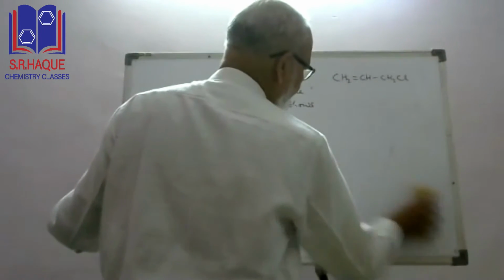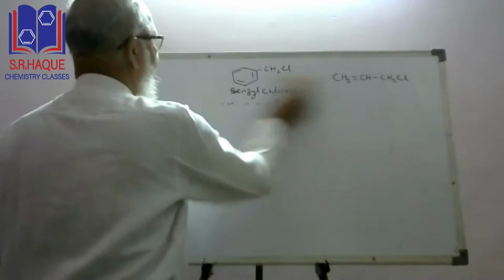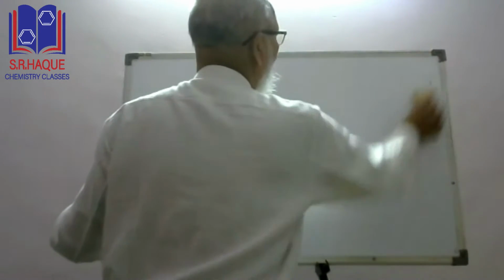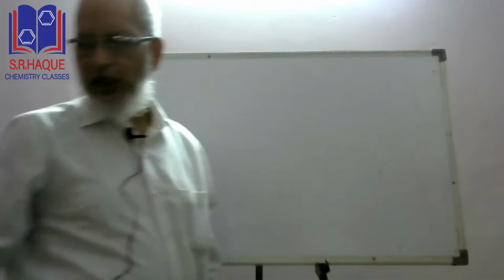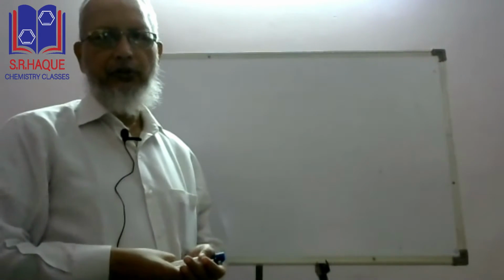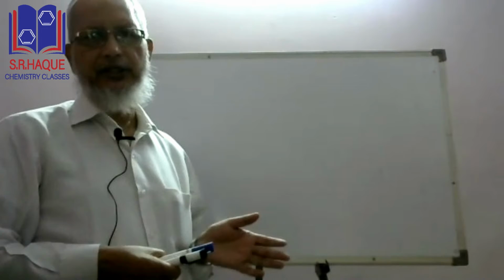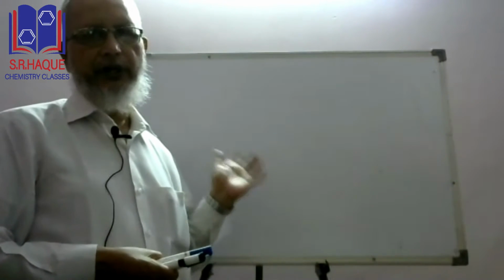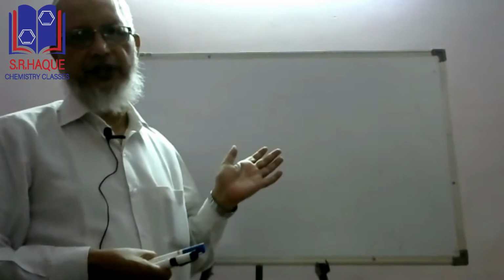Now, since in SN1 reaction there is formation of carbonium ion and the geometry of the carbonium ion is planar, that's why the nucleophile can attack from either side, that is either from the back side or from the front side, which I will show just right now with the help of the mechanism of the reaction.